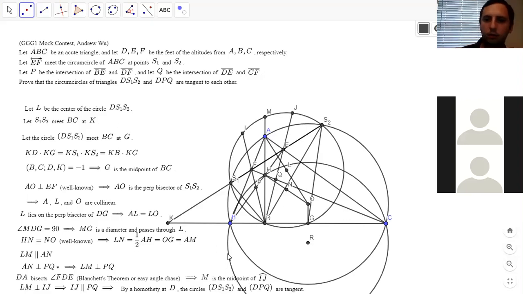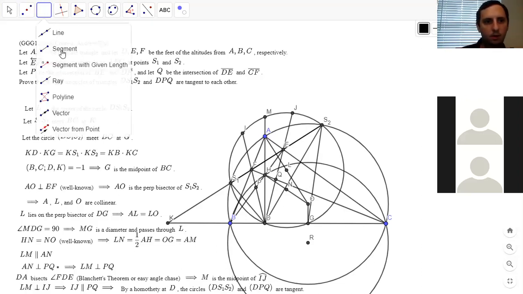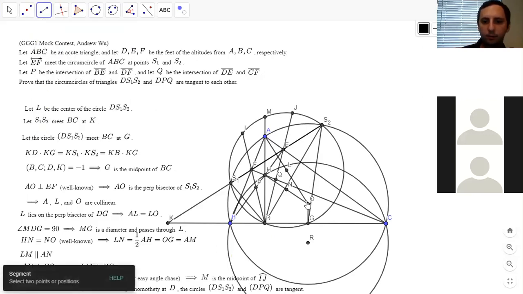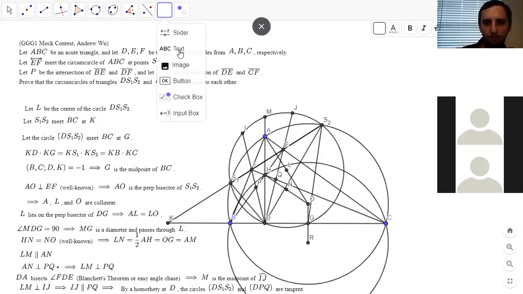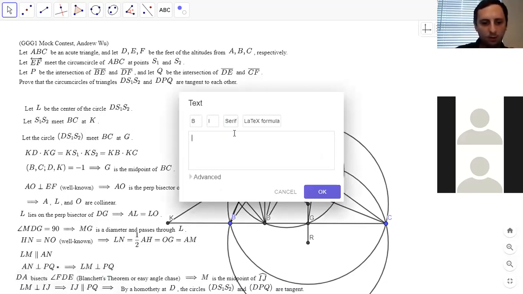Yeah. Right. And that is because, as Hakan is saying, it is the homothety at A with the ratio 2. Yeah, because if you reflect O over BC, you get R. And OR is equal to AH. So AH and RO is a parallelogram. So A and R are collinear. Okay.